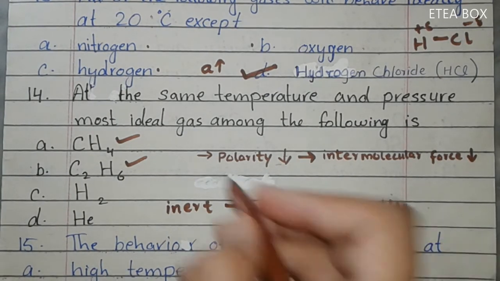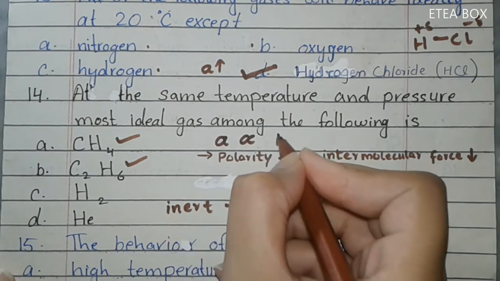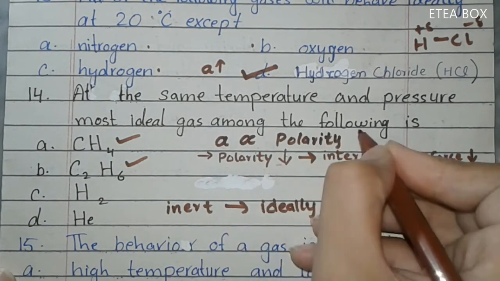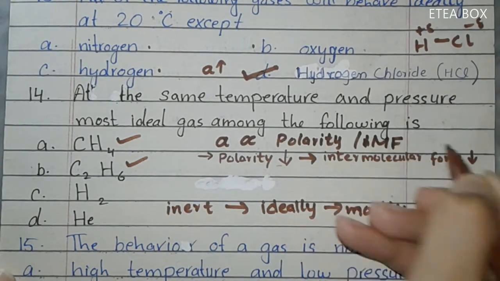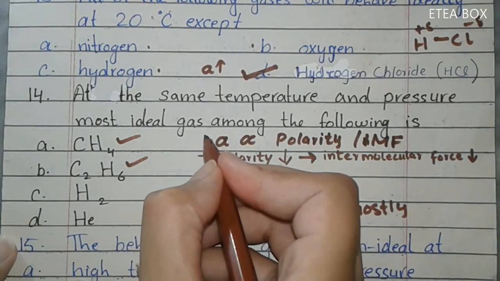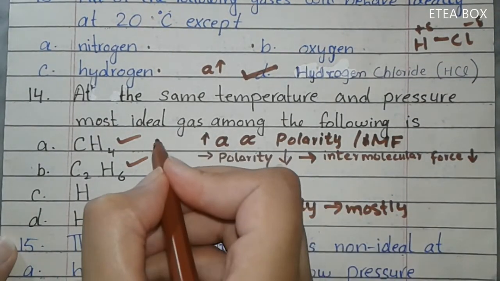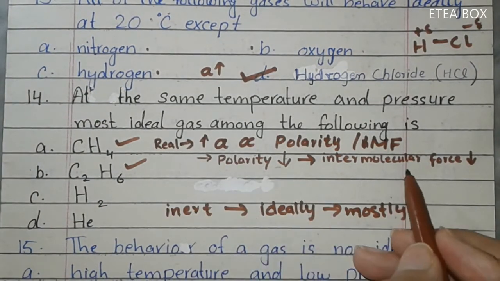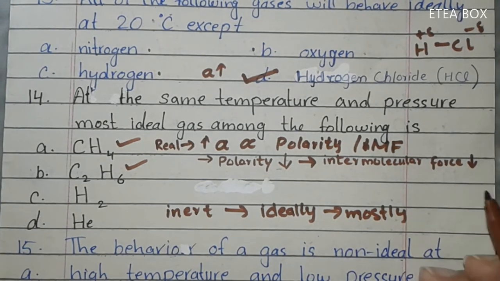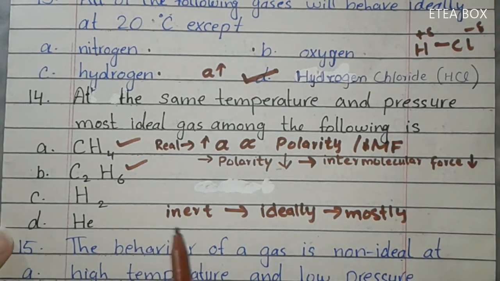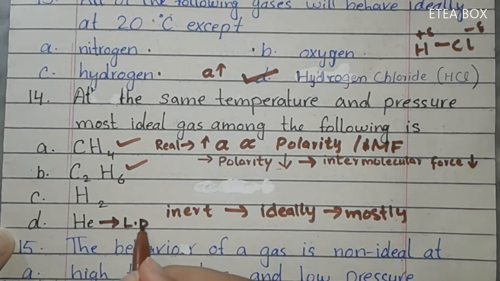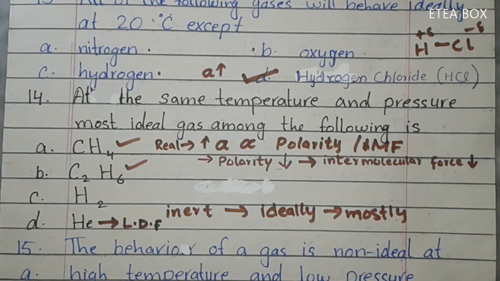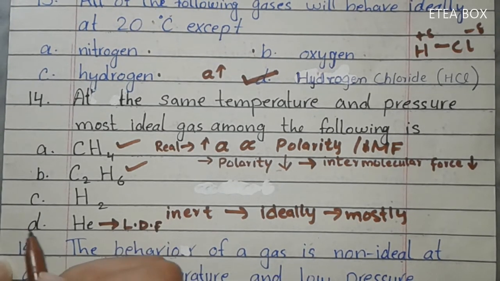Polarity and intermolecular force are directly proportional, and whenever they are greater, the gas will behave as a real gas. When the polarity is low or the intermolecular forces are very weak, the gas will behave ideally. London dispersion force is found in helium, so the intermolecular forces are very weak. So option D is correct.